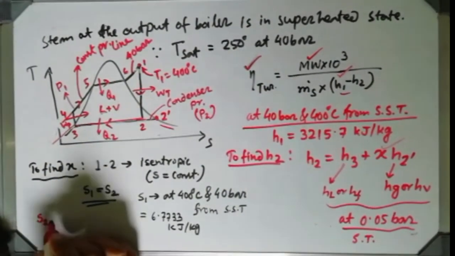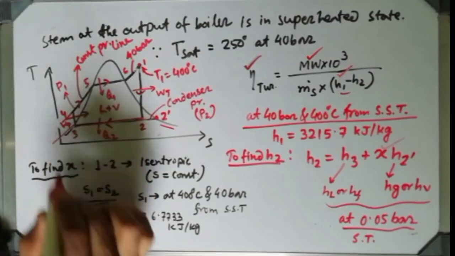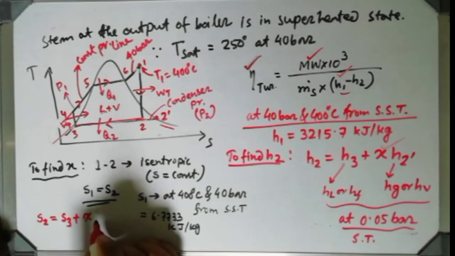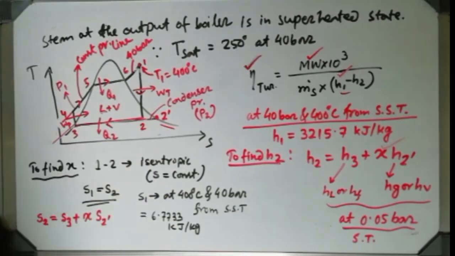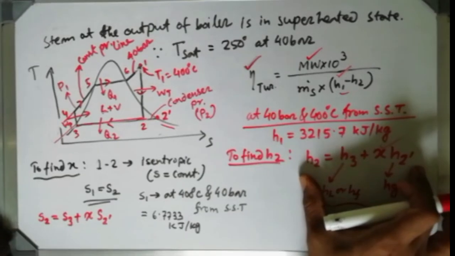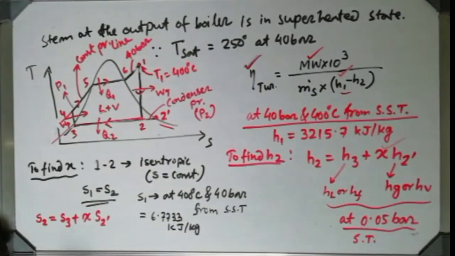S2 is written as S3, that is the entropy at this point, plus x into S2 prime. So I am using the same kind of relationship that I used in the enthalpy findings. See, the same notation I have used.